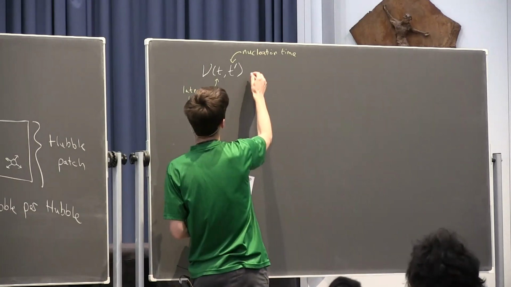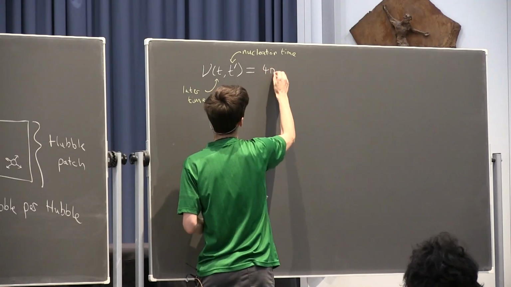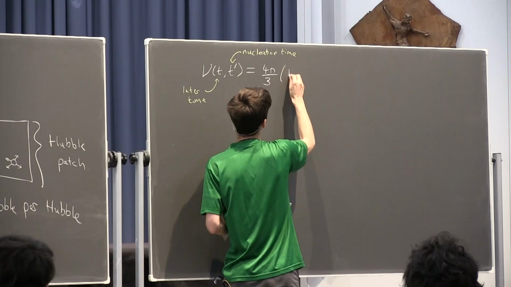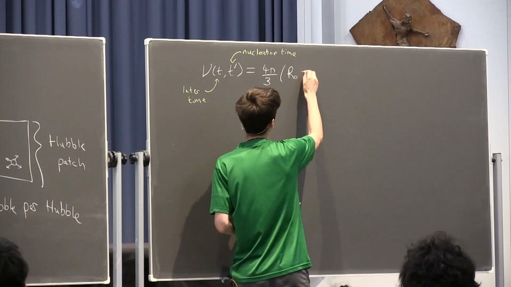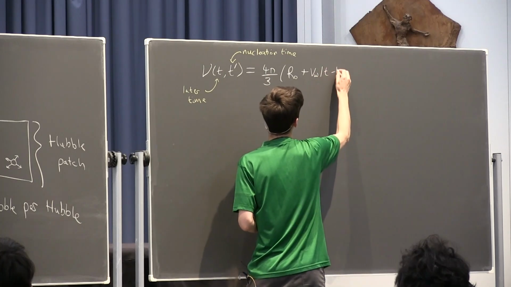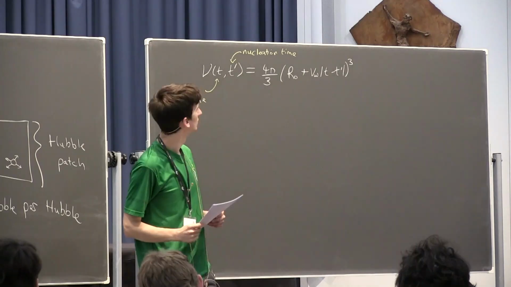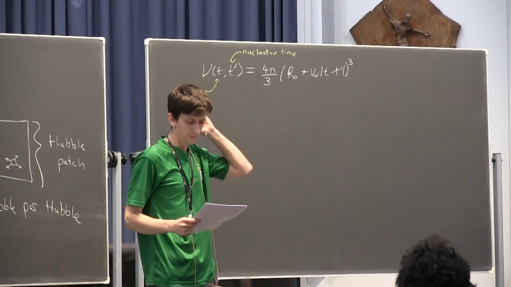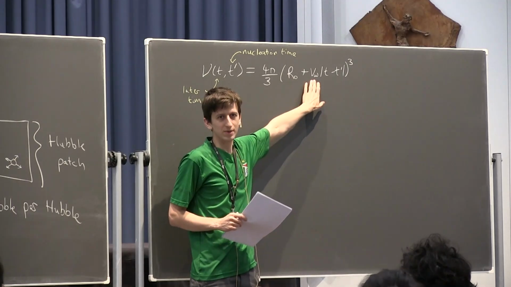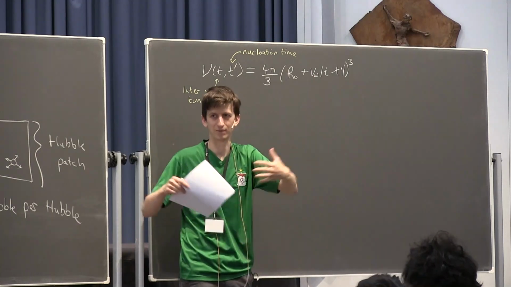So the volume of the bubble is going to be equal to 4 pi on 3 times the radius cubed, where the radius is something like the initial radius plus how much it's grown. And here we've assumed that it's going to grow at a constant speed. Of course, at the beginning, it's not going to grow at a constant speed. It'll accelerate, something will happen.